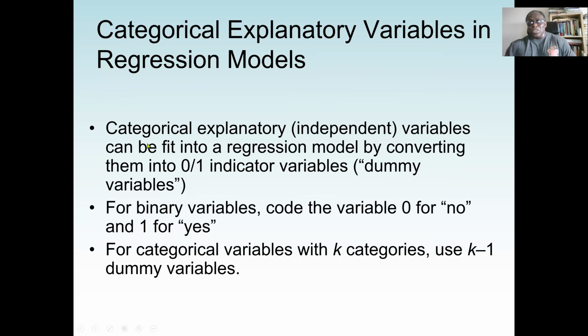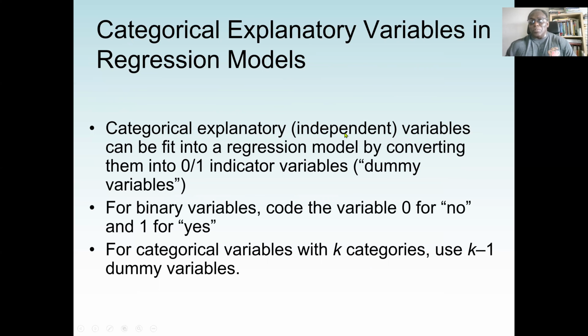In the example given here, we have a categorical explanatory variable, our independent variable, that can be fit into a regression model by doing what? Converting it. Here we're going to convert it to 0 and 1 indicator variables, which we call dummy variables. A binary variable means we have only two options.